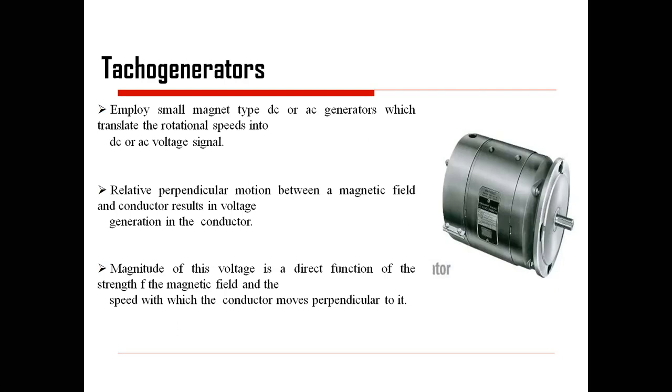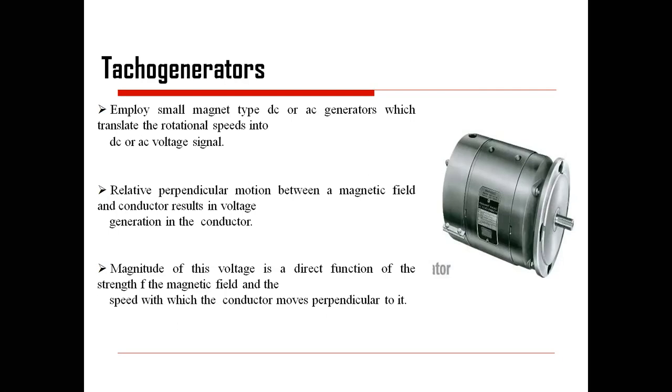In the previous case, the output was generated in terms of current, that is eddy current, and here the output is generated in terms of voltage. It may be a direct voltage, or it may be an alternating voltage.